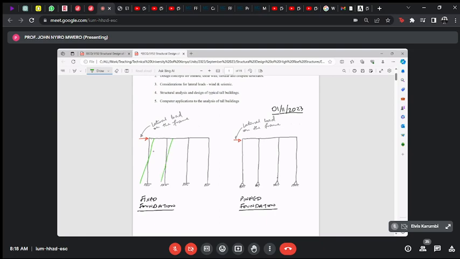If we were to analyze for this lateral load, this frame will have bending moments.